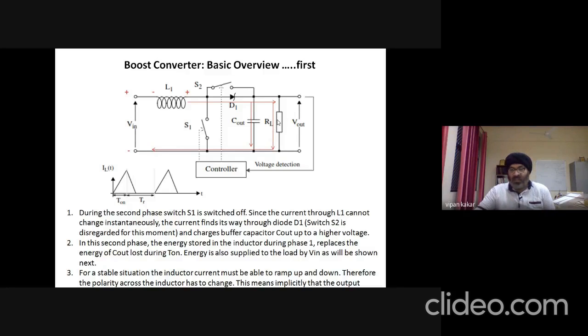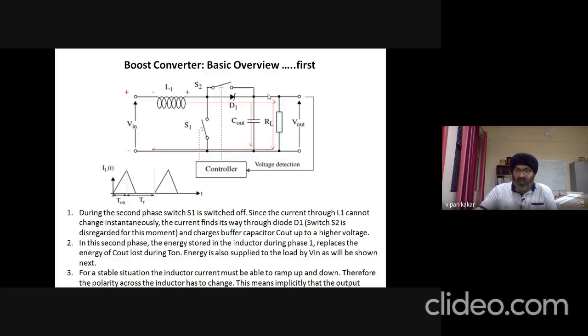So in this case, this total potential difference, which is a sum of V in plus the voltage stored in this inductor, is now flowing through this load.